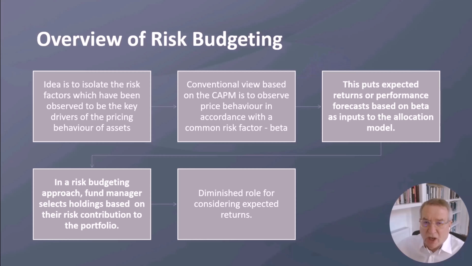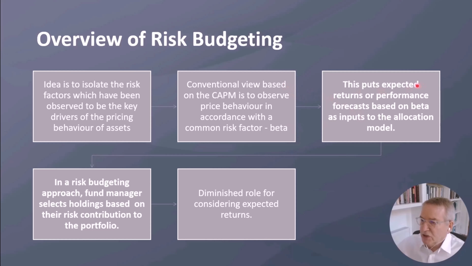So in general terms, the idea behind risk budgeting is to isolate the risk factors which have been observed to be the key drivers in the pricing behavior of assets. The conventional view, which is based on the capital asset pricing model, which has been looked at elsewhere, is to observe price behavior in accordance with a common risk factor, which is known as beta.